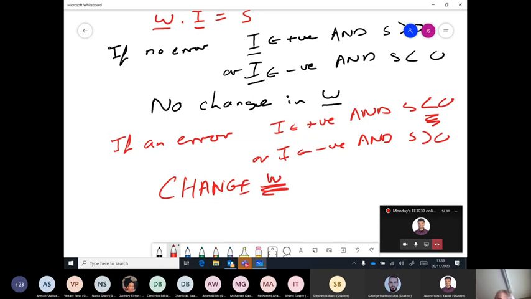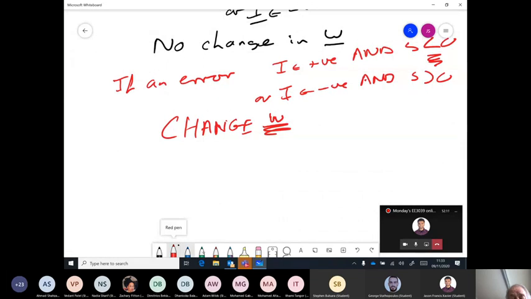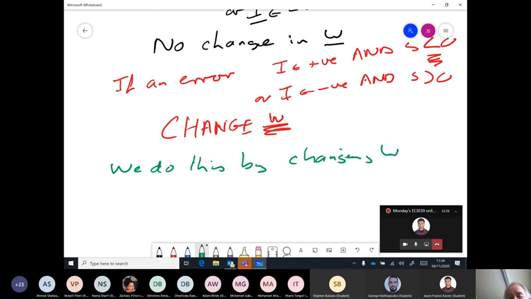Change W. We do this by updating W. So W prime, which is our update, equals the original weight vector plus a fraction of the input pattern that is incorrect.